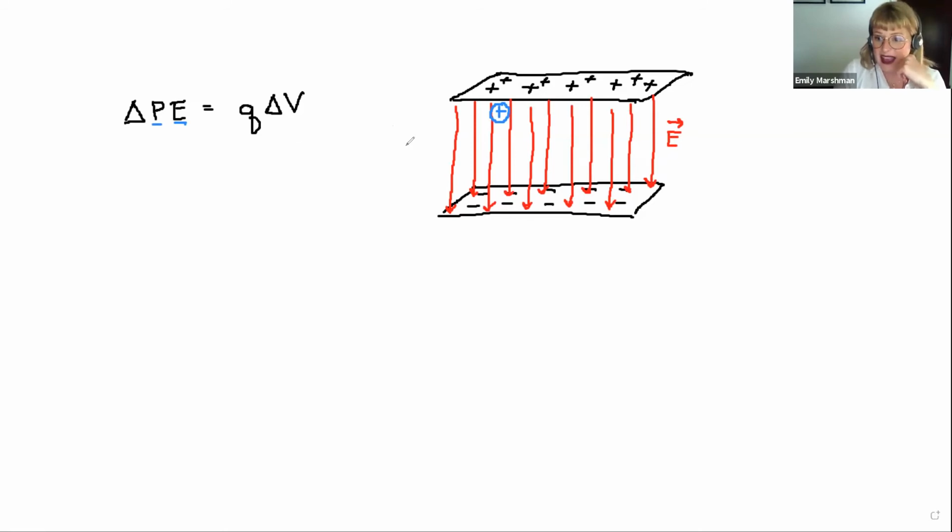It's like holding a mass at a certain height above the ground. It has stored energy. It wants to fall to the ground. It's attracted to the earth. So holding it up in the air against its will allows it to have stored energy.